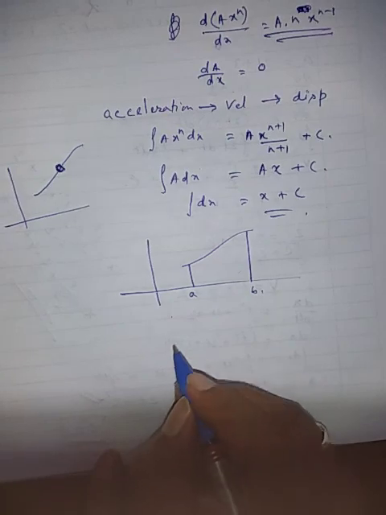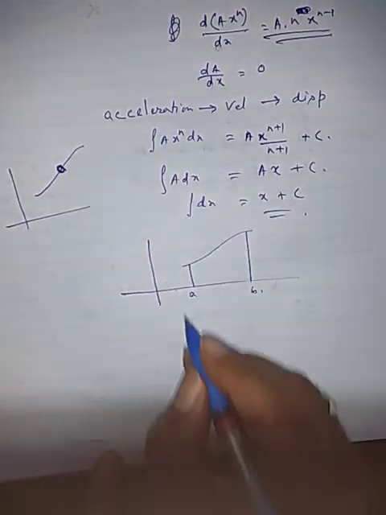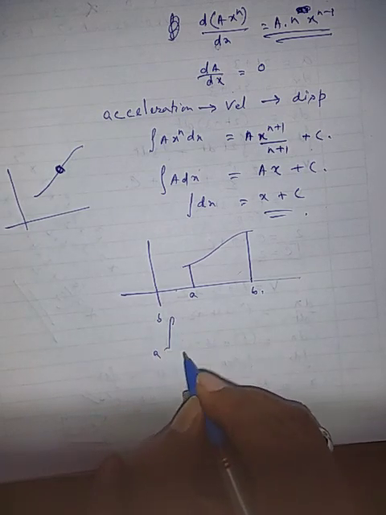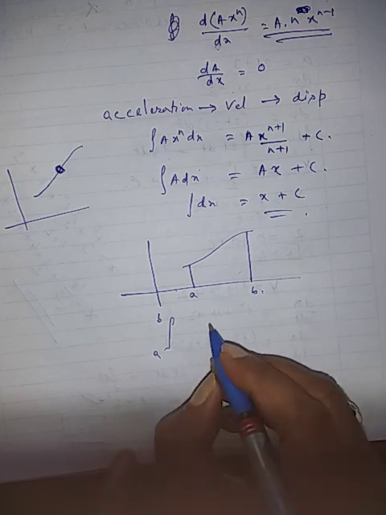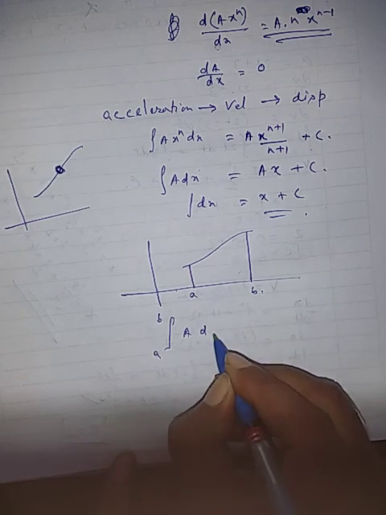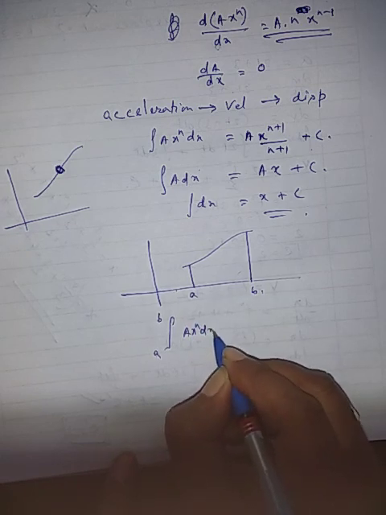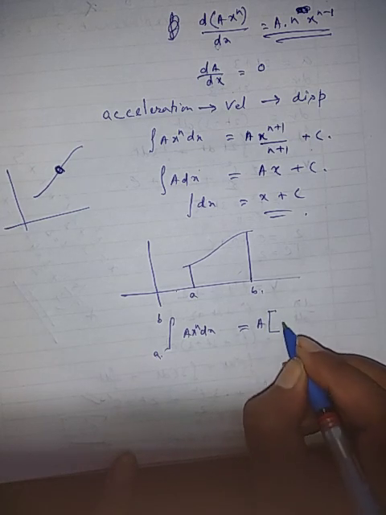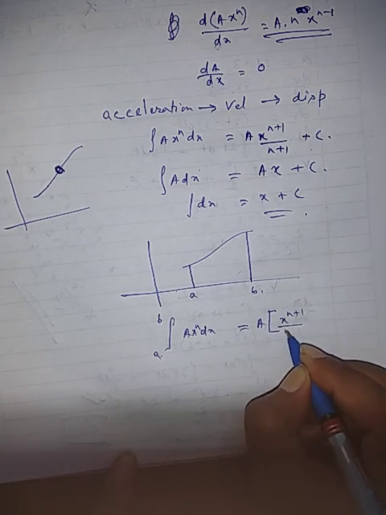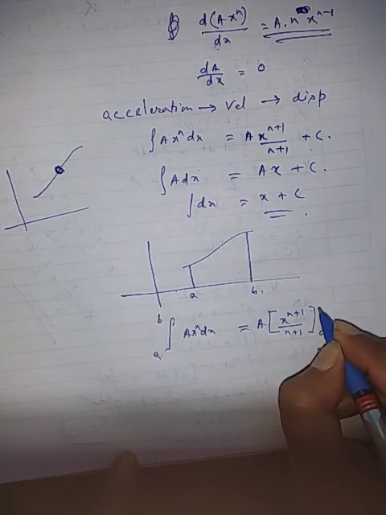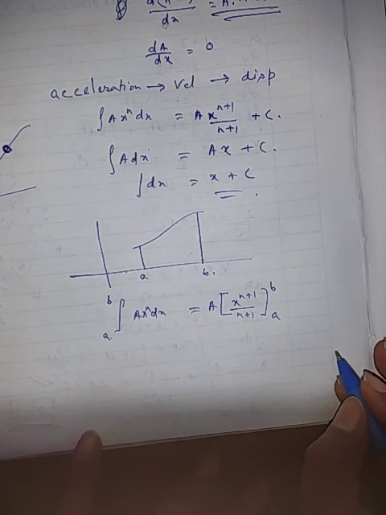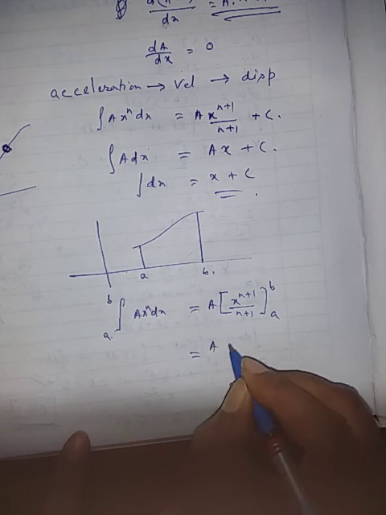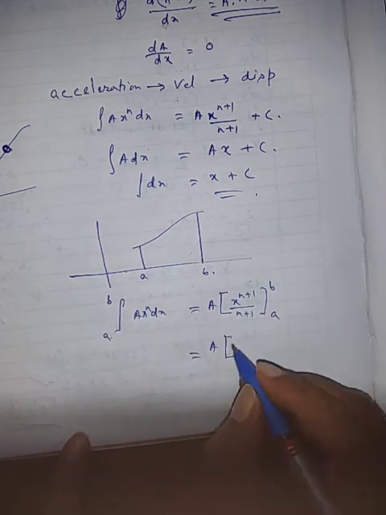So in definite integration the rules are a little bit different. If limits are given, in definite integration you will have some limits. So if a function a x to the power n dx is integrated and having limit a to b, your result is a x to the power n plus 1 divided by n plus 1, and you have to put limit here a to b, and your final result has no constant in definite integration.